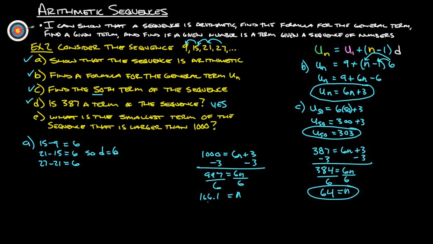So if we did the 166th term, it would be just less than 1,000. So instead of 166, we want to do the 167th term. So we're simply going to plug 167 into our u sub n formula right here. So u of 167, the 167th term, is going to be equal to 6 times 167 plus 3.